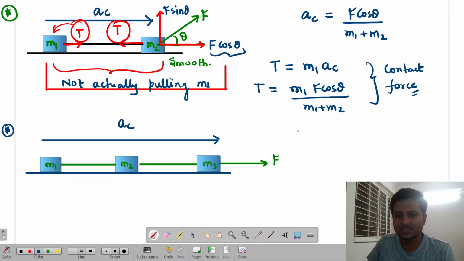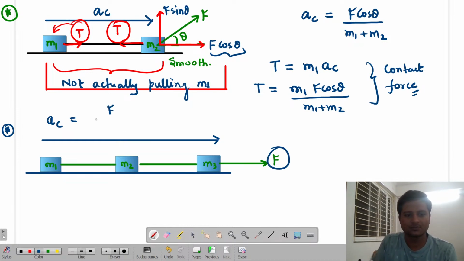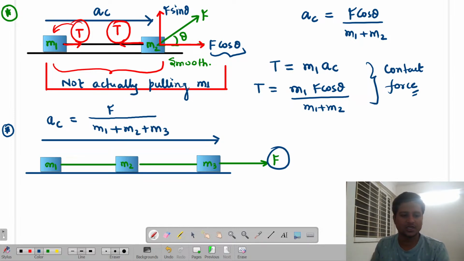Should I write the common acceleration equation? Basically, this common acceleration will be the pulling force divided by how many masses are getting pulled this time? M1, then M2, and then M3. Are you able to get me or not? Now once again, how many threads are there? Two threads. So one will oppose, isn't it?